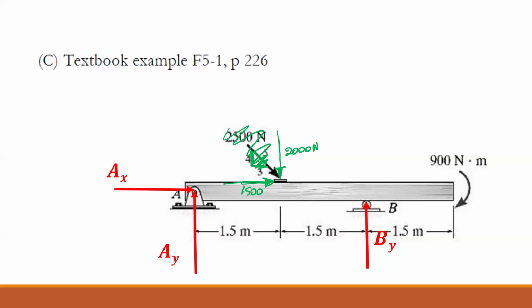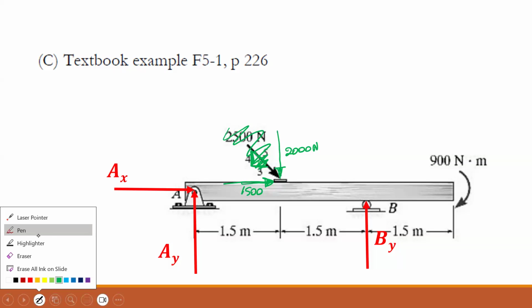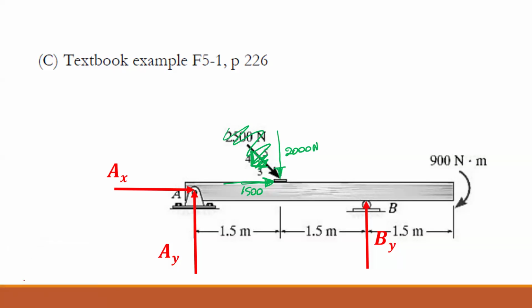Now let's consider moment is the easy way, okay? If you use the moment equation first, that will be easy. But if you get confused, let's consider all the forces in x direction. What are the forces in x direction? We have AX positive because the arrow is positive x, and also we have 1,500, again positive.